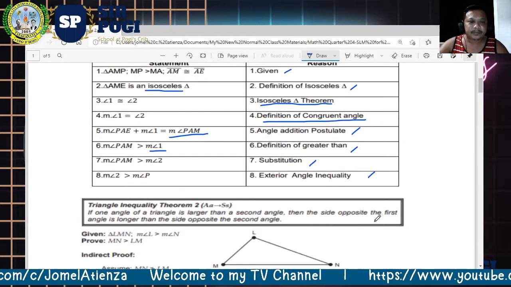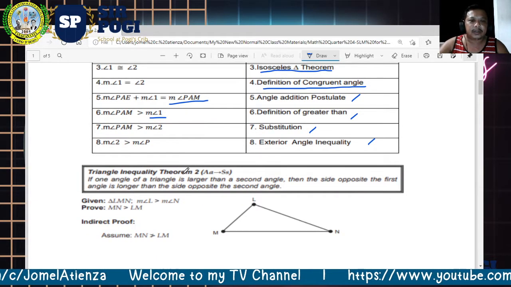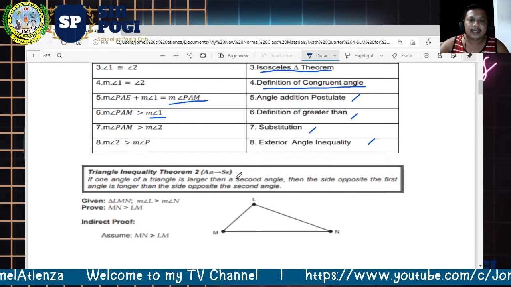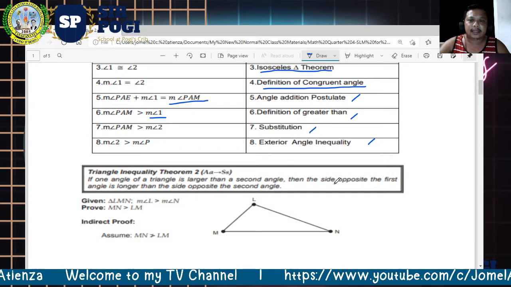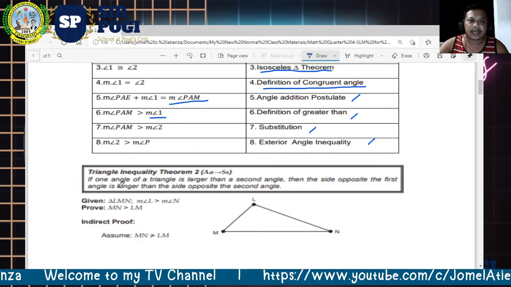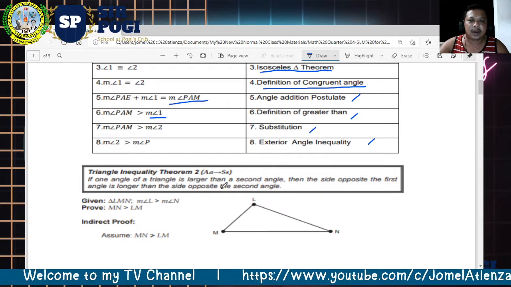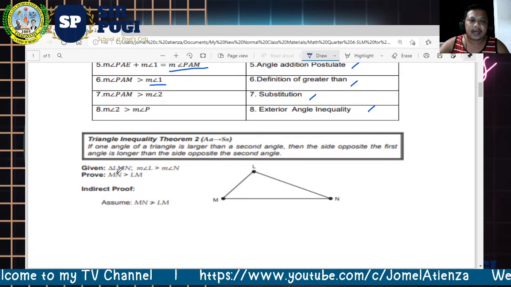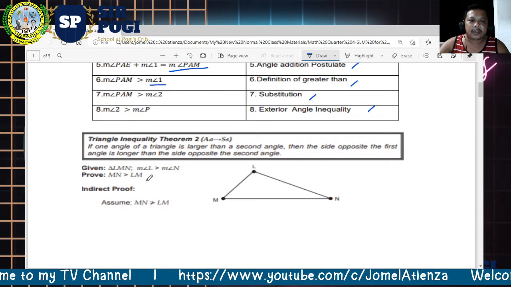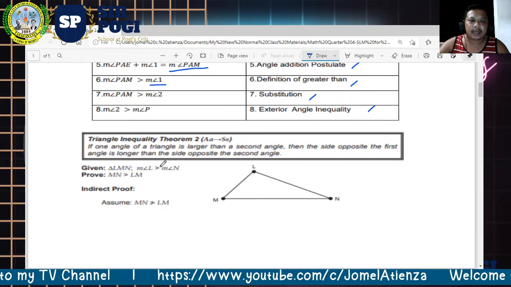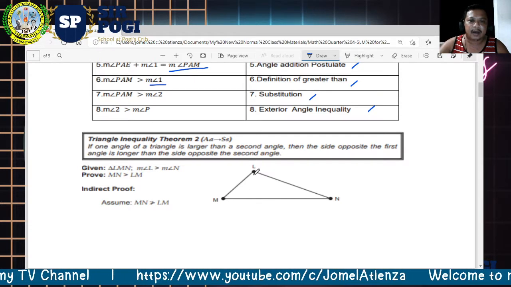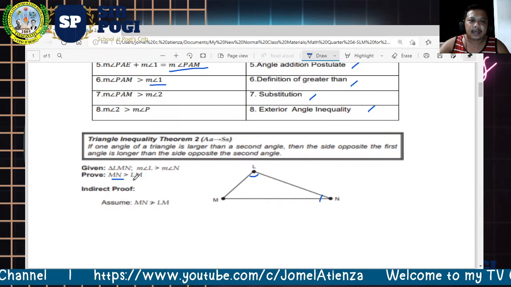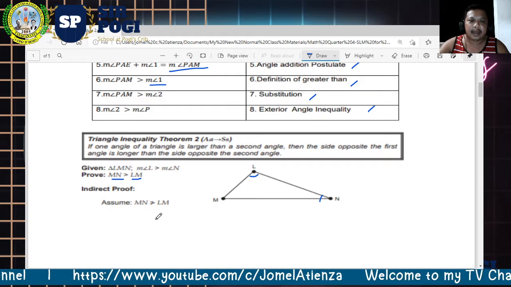Triangle Inequality Theorem 2: if one angle of a triangle is larger than a second angle, then the side opposite the first angle is longer than the side opposite the second angle. Given triangle LMN, the measure of angle L is greater than the measure of angle N. Prove that MN is greater than LM.